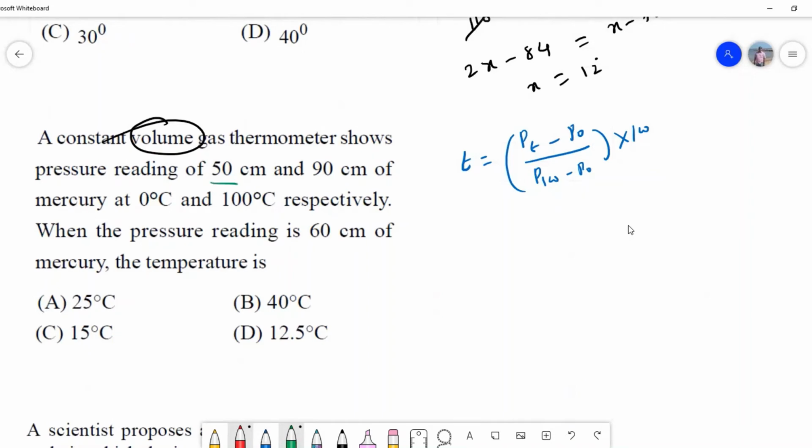Pressure readings are 50 and 90 at 0 and 100. So P naught is equal to 50 centimeters, which means centimeters of mercury pressure. P100 is given as 90 centimeters, and at some temperature Pt is given as 60 centimeters. Now it is asking what the temperature is.